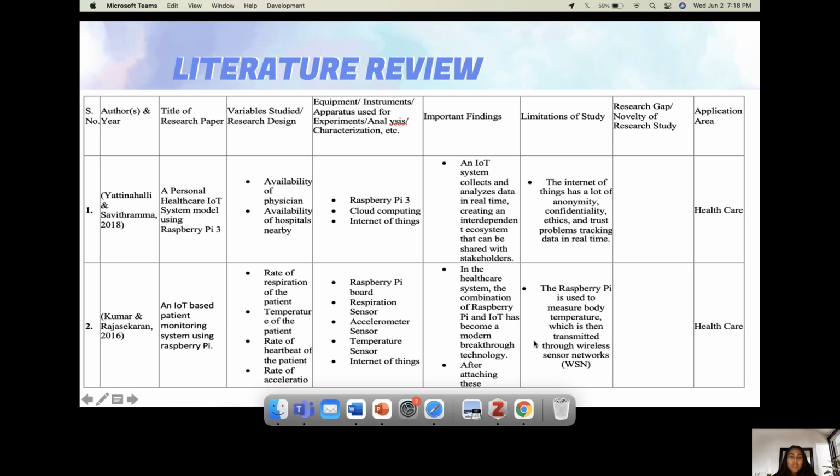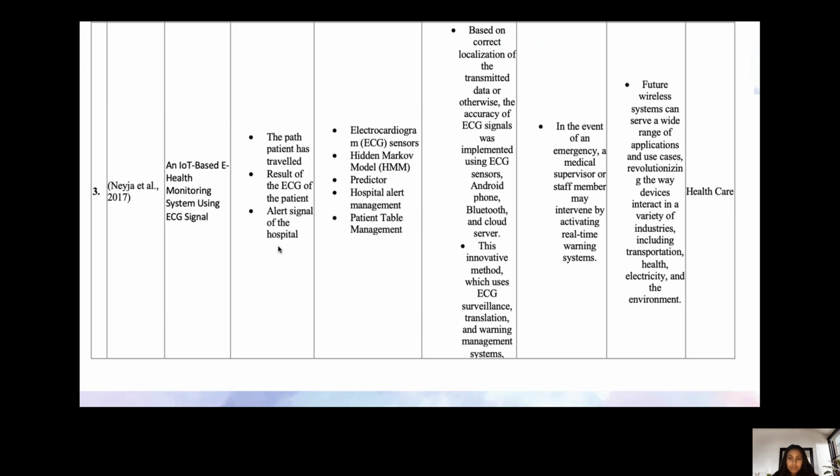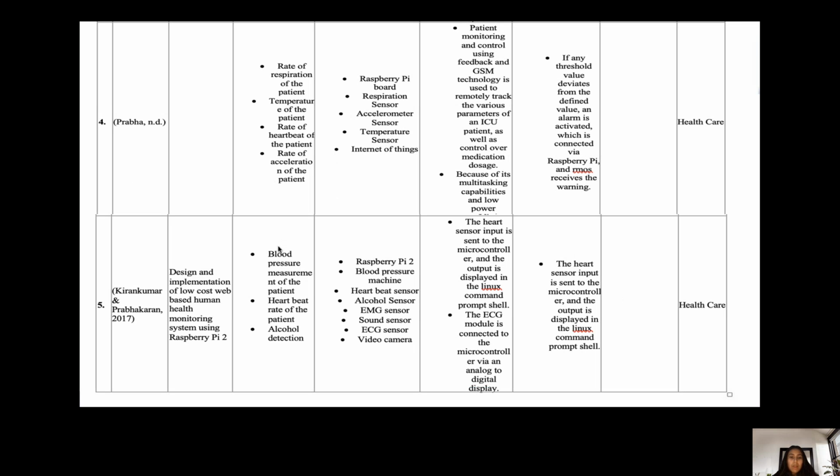The equipment used in all of them is mostly Raspberry Pi. And these are the brief descriptions of the important findings and limitations of the study. Similarly, Raspberry Pi and Raspberry Pi.